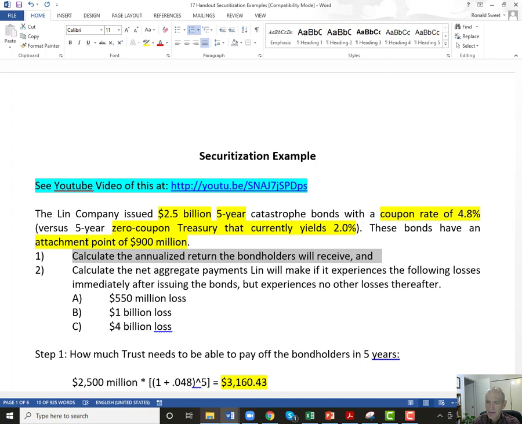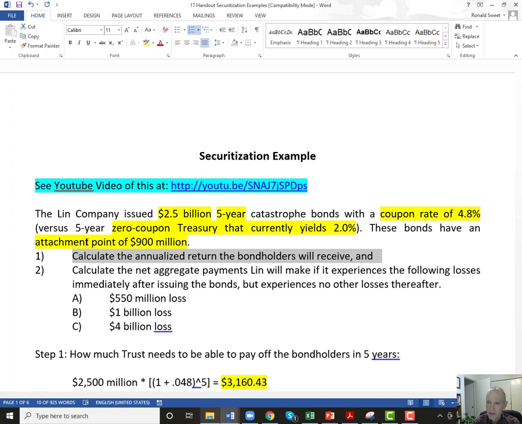And so I'm being a little sloppy here saying that the Lin Company is actually doing the catastrophe bonds. They're probably doing it through a separate entity. There was some debate at UTSA whether these SPEs should be consolidated in with UTSA, and UTSA argued strongly that no, this is a separate entity. This is not part of our business. I think they won that argument with the auditors, but that was a debate, especially after Enron and what Enron was doing with special purpose entities.